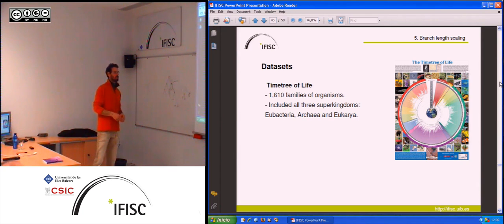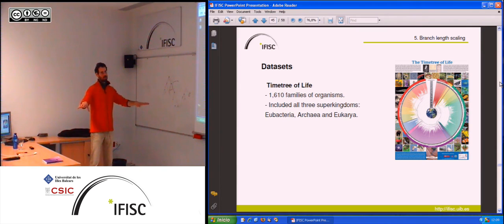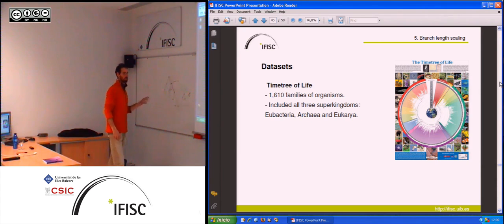But you can analyze this problem the other way: you have the fully reconstructed tree, including the extinction process, and then you erase the taxa that have gone extinct. This is the approach that we use.